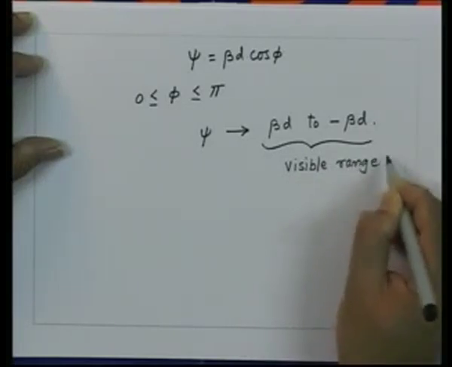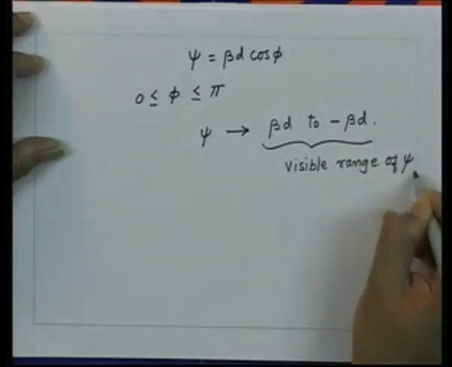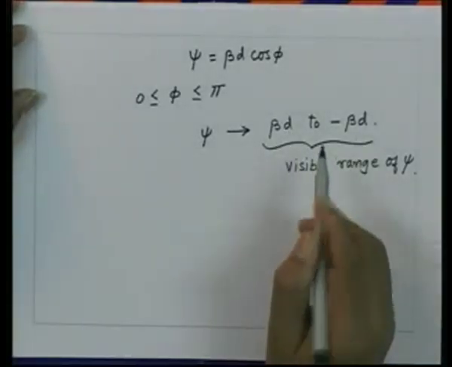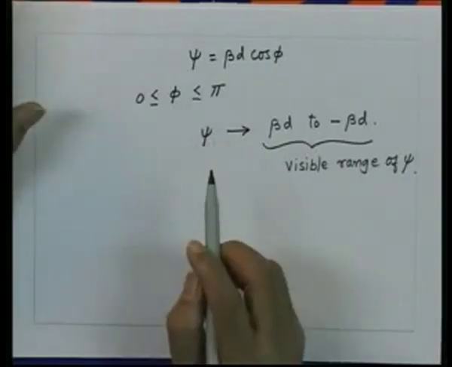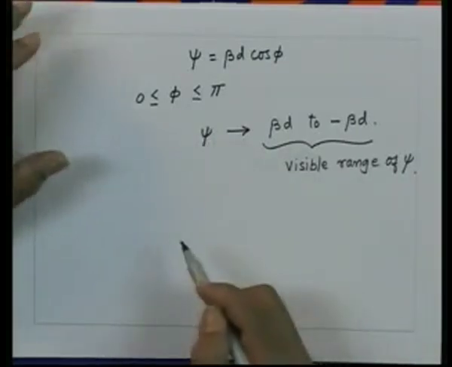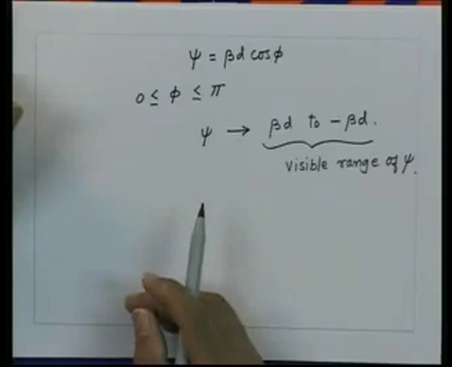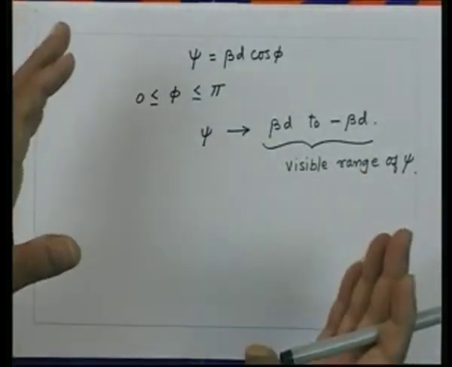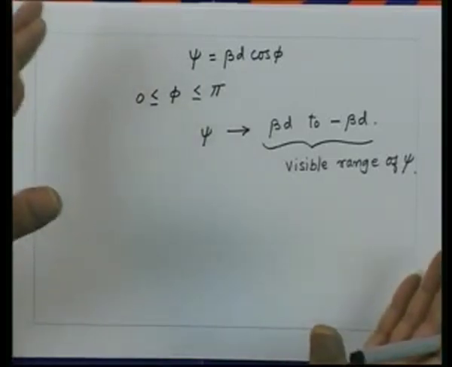Now depending upon the value of d, we may have a coverage of angle psi which might go from plus pi to minus pi, or it may go over only a portion of the total angle from minus pi to plus pi.